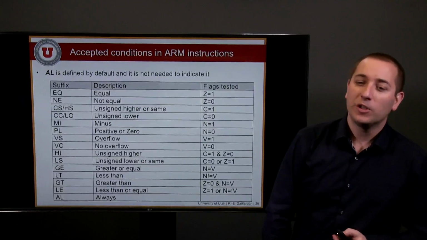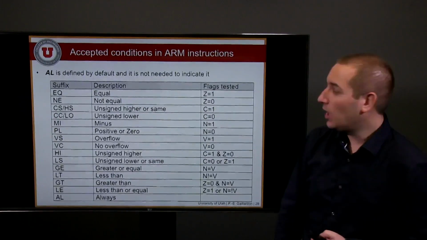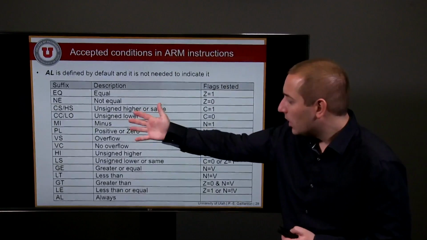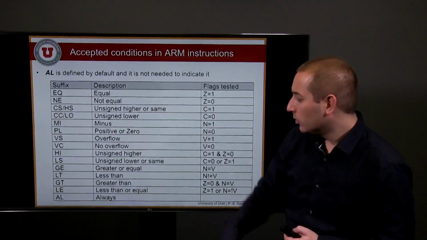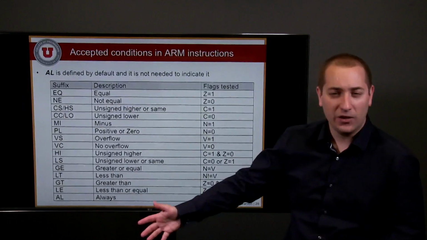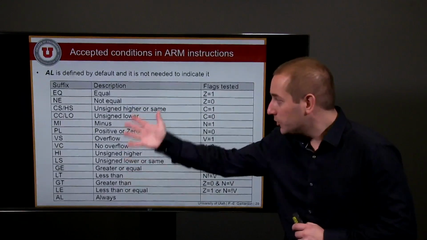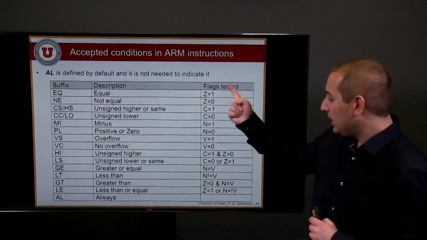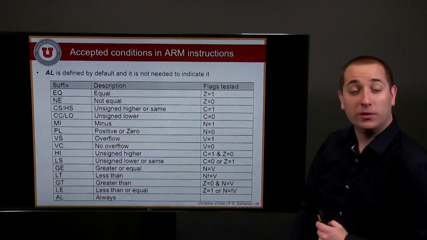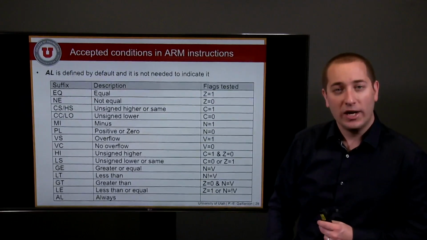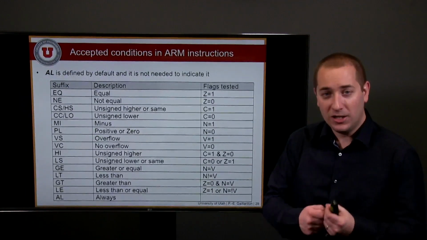There are many accepted conditions in the ARM instructions, such as is it equal, not equal, is it positive or 0, did we get an overflow, is it greater than, less than, and so on and so forth. What does this condition mean? It basically tests the different flags you will find in your status register. So it does not perform an additional operation.